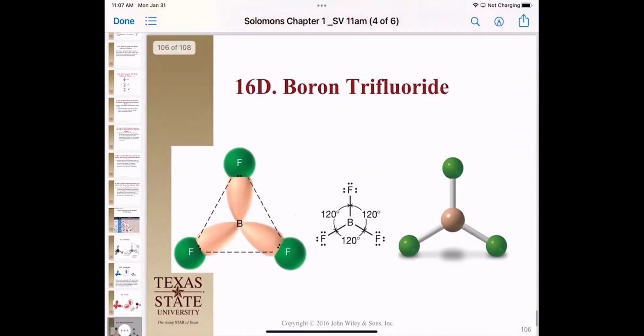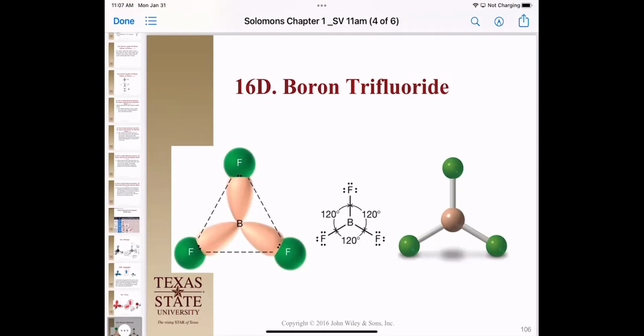Okay, so when we move on from that, if we don't have that, we can have different shapes. If we only have 3 electrons in our outer shell, boron is in group 3A. It only has 3 electrons. It's one of those that breaks the octet rule. If we're breaking the octet rule, that means that boron only needs to bond 3 times to fill its 6 electrons.